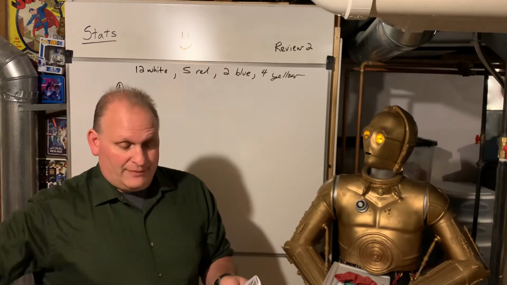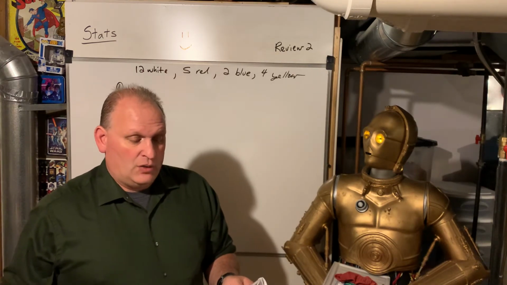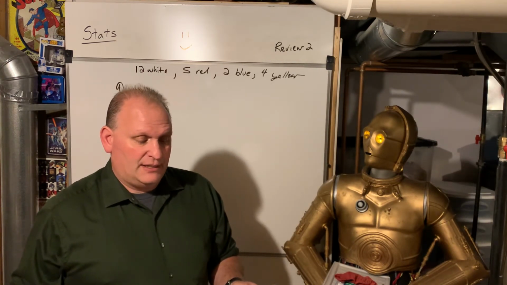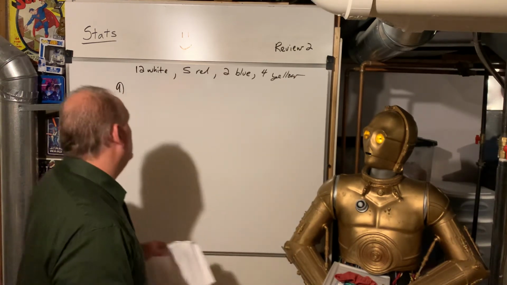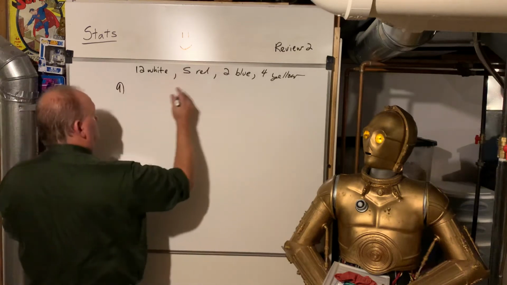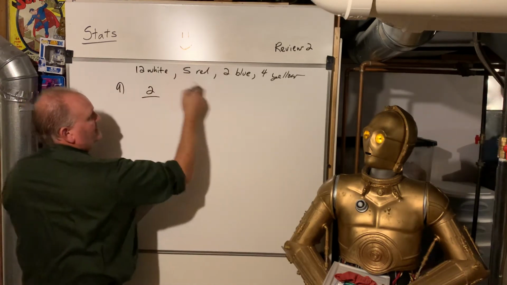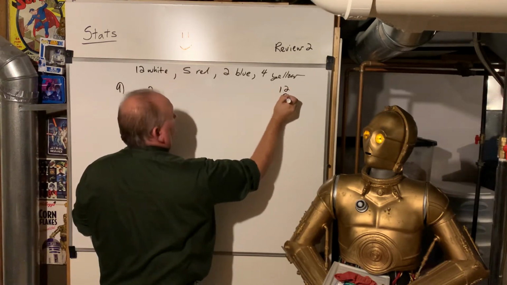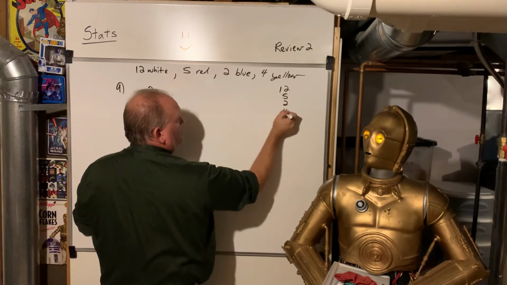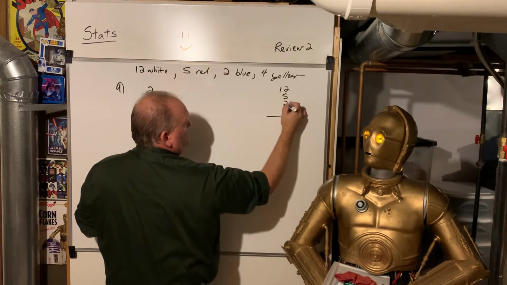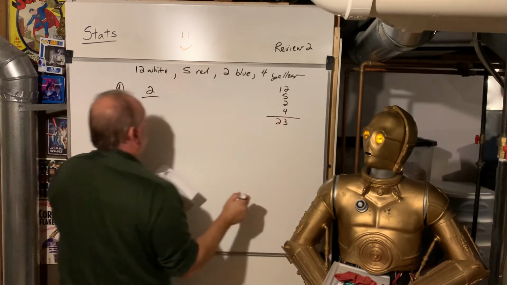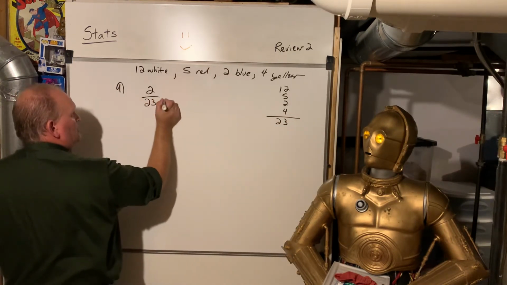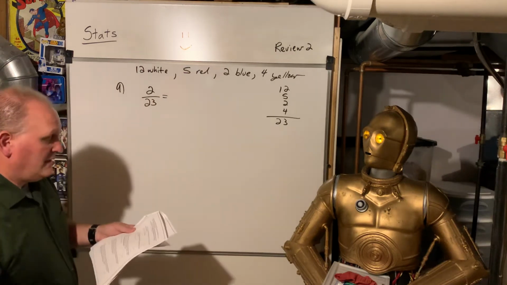So if I just randomly selected a customer, what is the probability that one sweater he purchased was a blue sweater? Well, blue, 2 out of, now we have to add all those up. 12 plus 5 plus 2 plus 4, 17, 18, 19, 23. So 2/23 is the probability of blue.